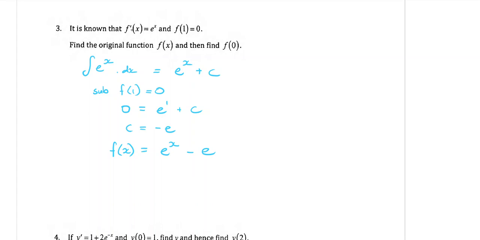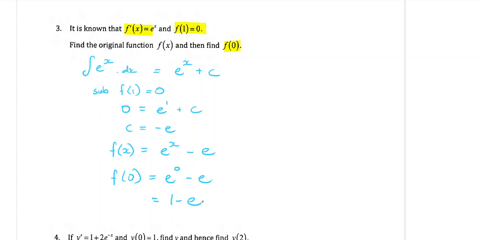I have done the integrating, I've subbed that in, but now it says, then find f of 0. So now that I finally have the f of x, I want to find what f of 0 is by subbing the 0 in for where the x is. So e to the 0 minus e, e to the 0 is 1, so it's 1 minus e.